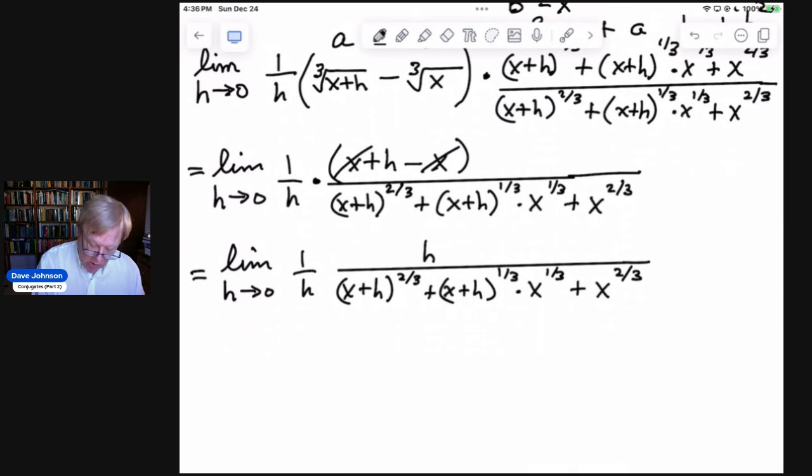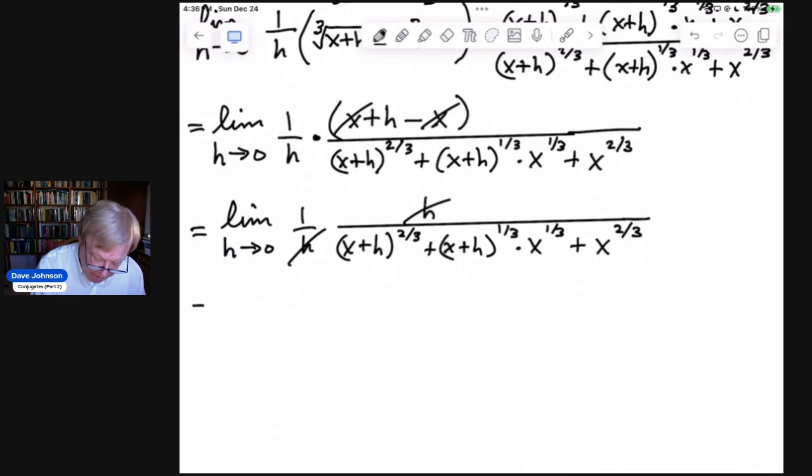And now we can cancel the h's. So it was indeterminate before, but because the h's cancel, it's no longer indeterminate.